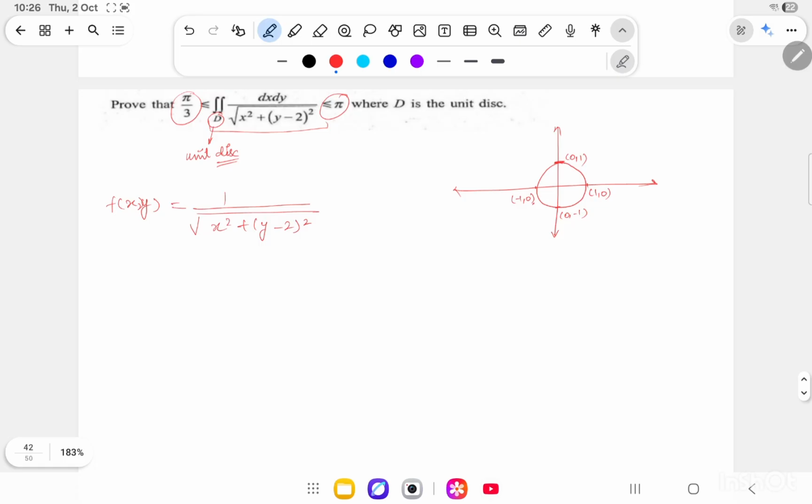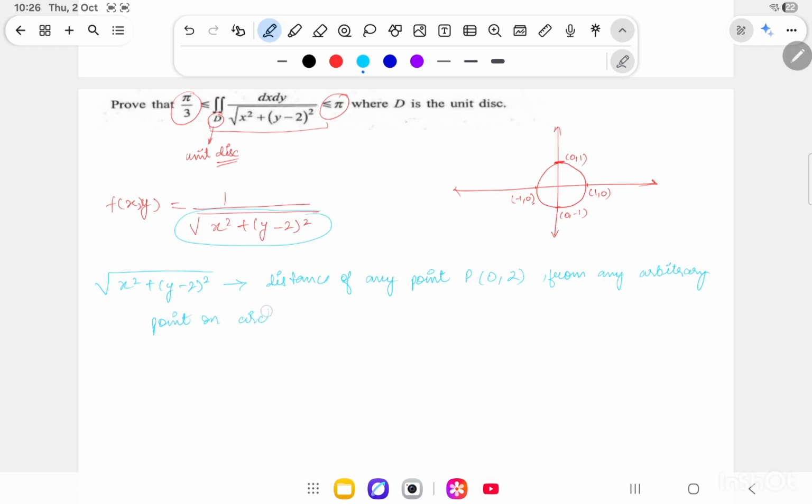The denominator, the square root of x square plus (y minus 2) square, is basically the distance of any arbitrary point on the circle from the point P, that is (0, 2).